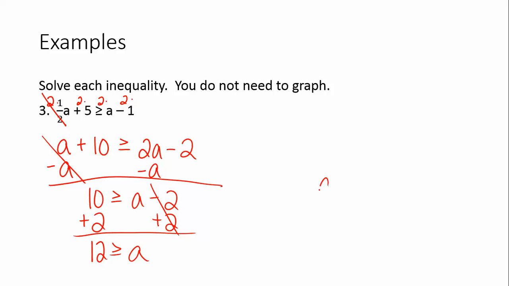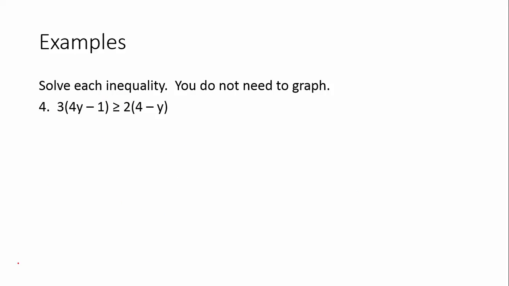And again, we want to write our variable on the left-hand side. So we say a is less than or equal to 12. Number 4, we have 2 sets of parentheses where we need to distribute, one on the left and one on the right. So that gives us 12y minus 3 is greater than or equal to 8 minus 2y.